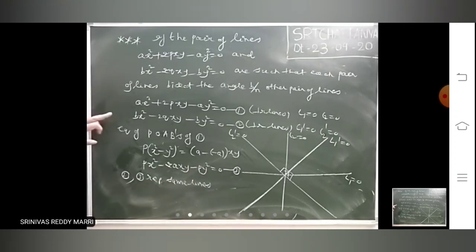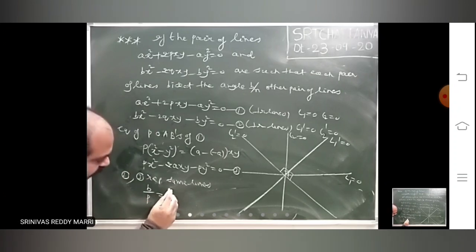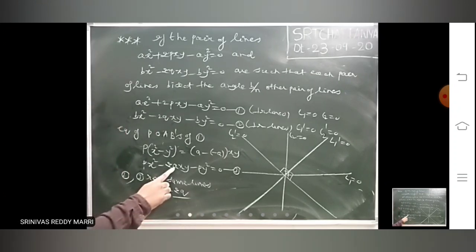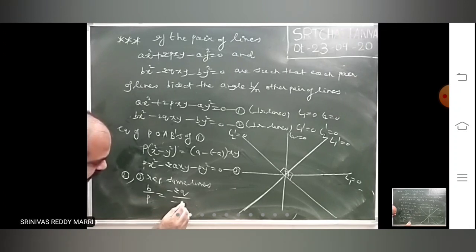Same lines means what? Coefficients. X square coefficient B divided by P equals XY coefficient minus 2Q divided by minus 2A, right?